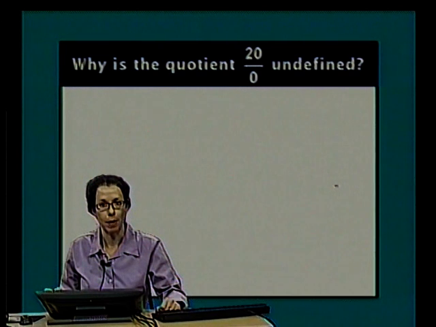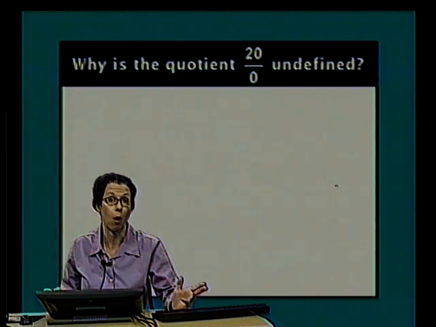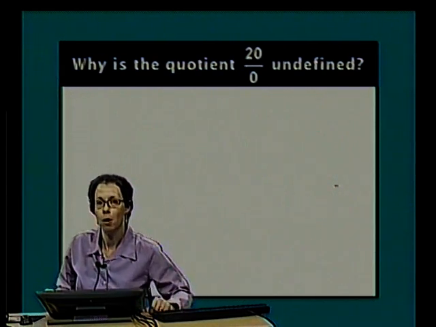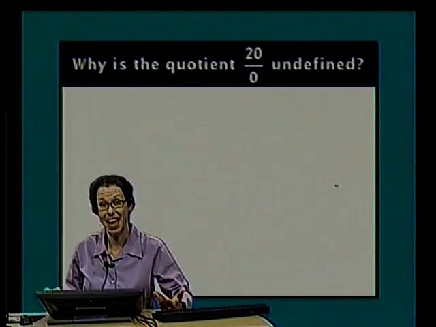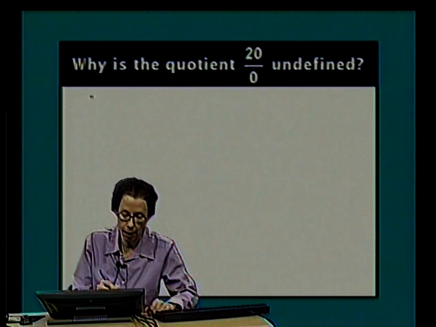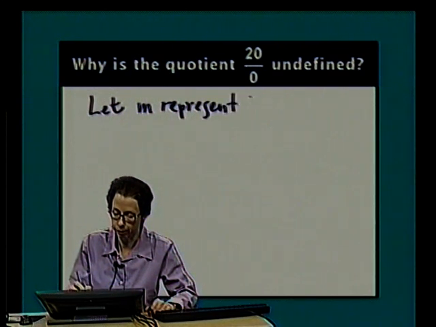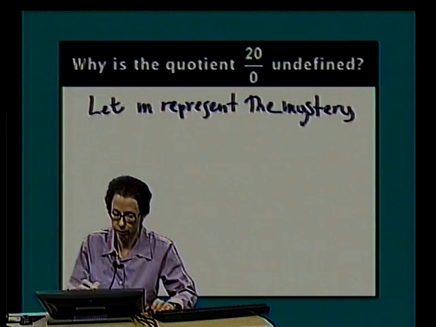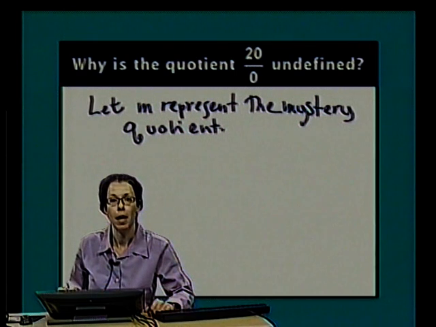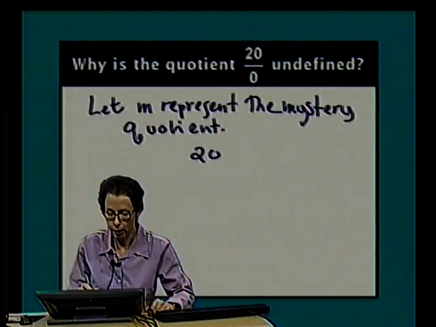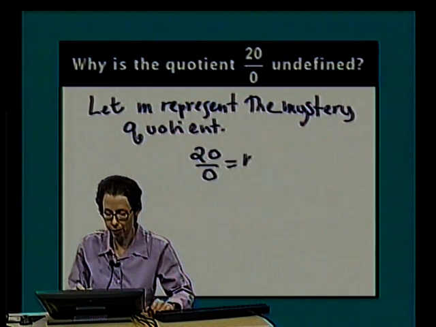So now let's think about the quotient 20 over 0. We want to understand why this is undefined. Well, I'm going to pretend it has a definition, and I'm going to let the letter m represent this mystery quotient. And now I'm going to write 20 over 0 equals m.